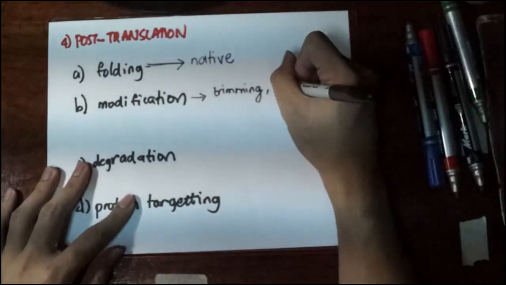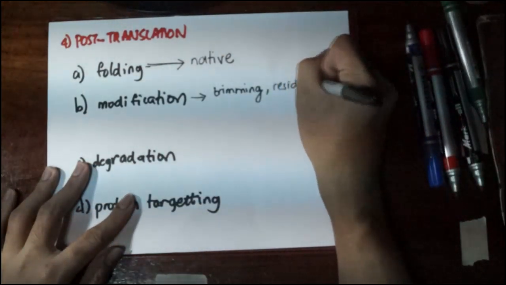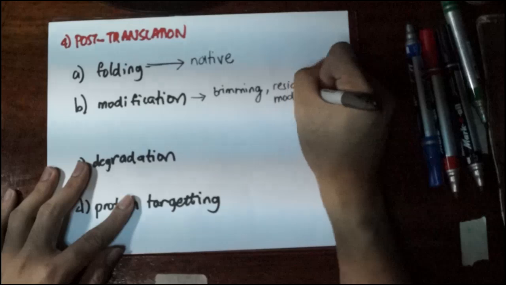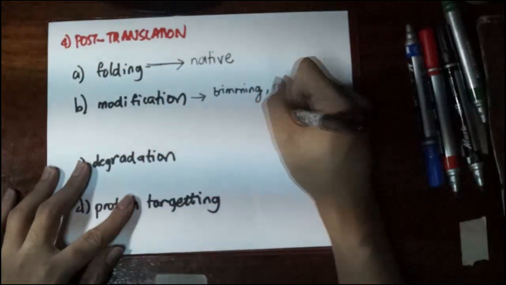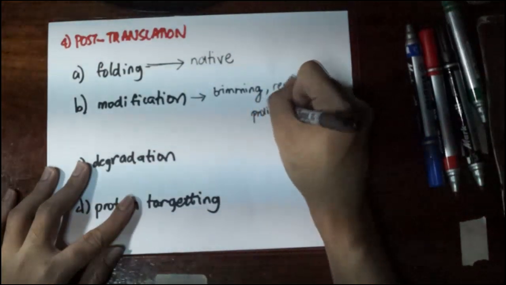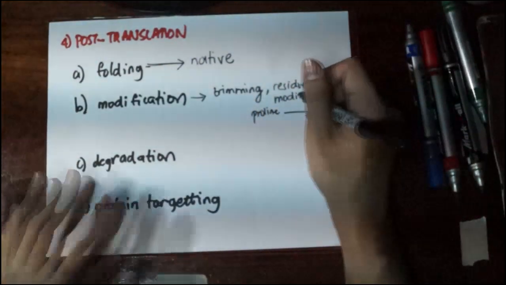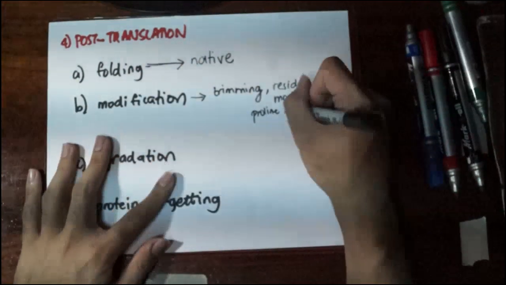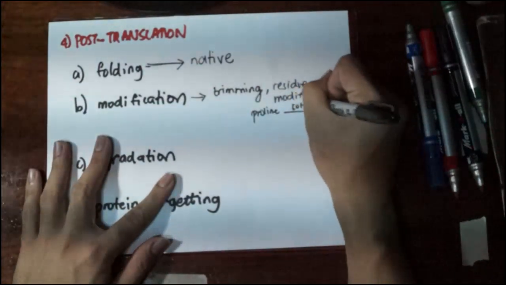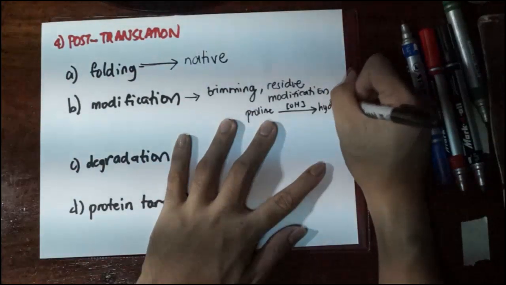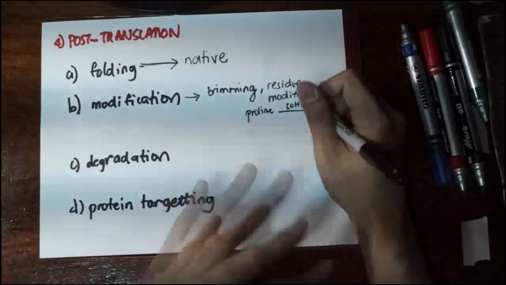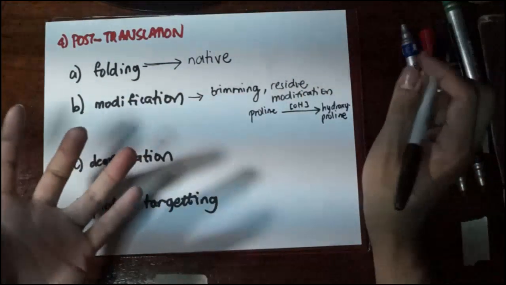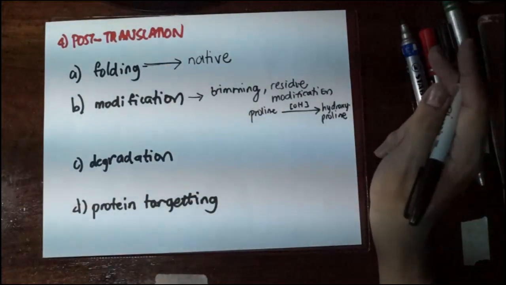Or even residue modification, meaning that, for example, I have proline. Modification would be a set of chemical reactions. For example, in proline, I could put a hydroxyl group here to get hydroxyproline. Something like that. So you get a derived residue out of the 20 residues we originally have.